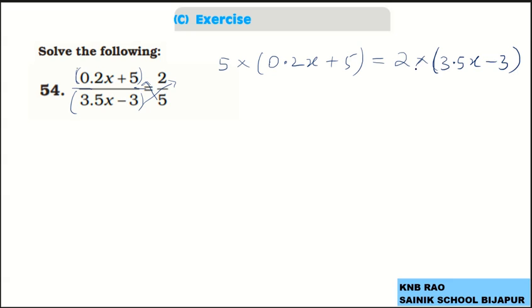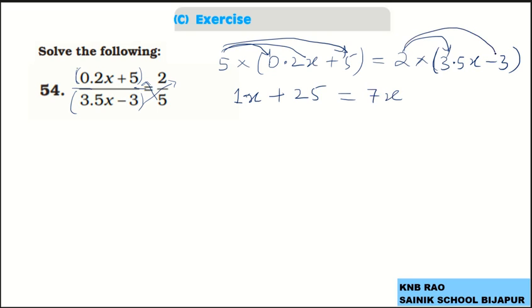Now 5 into 0.2 is 1 times x, 5 into 5 is 25, equals 2 into 3.5, 3 and a half twice is 7, so 7x, and 2 into minus 3 is minus 6.